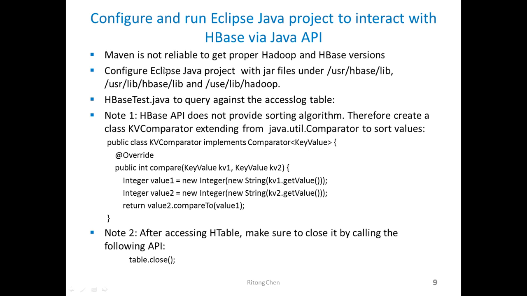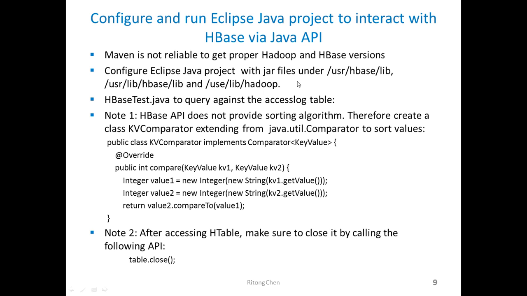Okay, so in the beginning of the project, I actually used Maven, but I don't think Maven is reliable because you can get different versions of Hadoop and HBase. It caused a lot of trouble and was very hard to troubleshoot. So we figured out how to simplify the Eclipse configuration. Why not just use the jar files already installed in the VM with HBase?